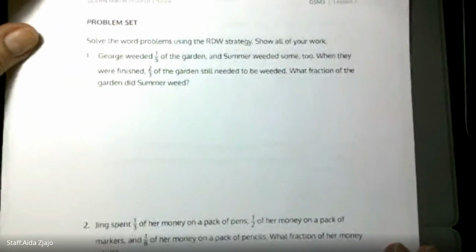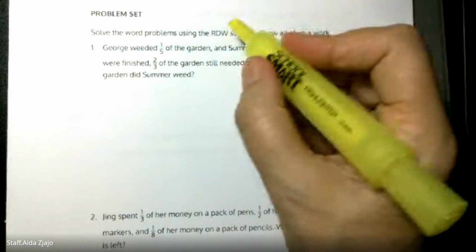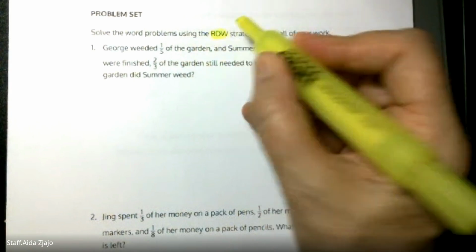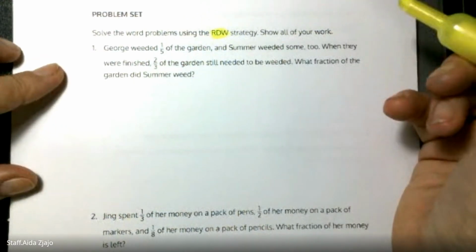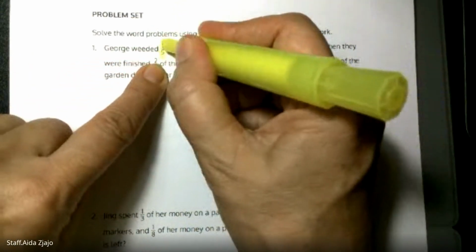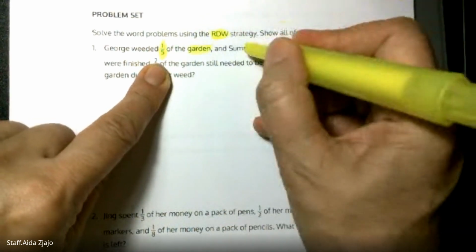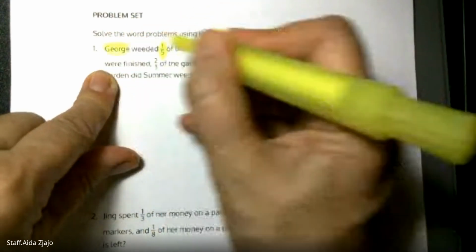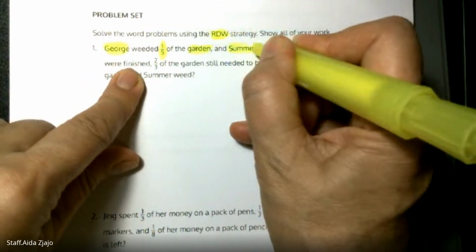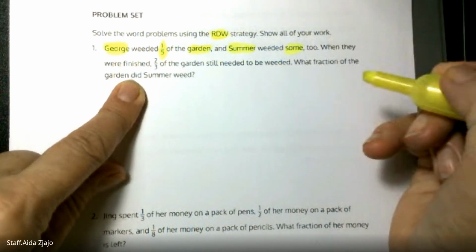Solve the word problem using the read, draw, and write strategy. Show all your work. George weeded 1/5 of a garden, and Summer weeded some. There's a George and there's Summer. Some is not a number.